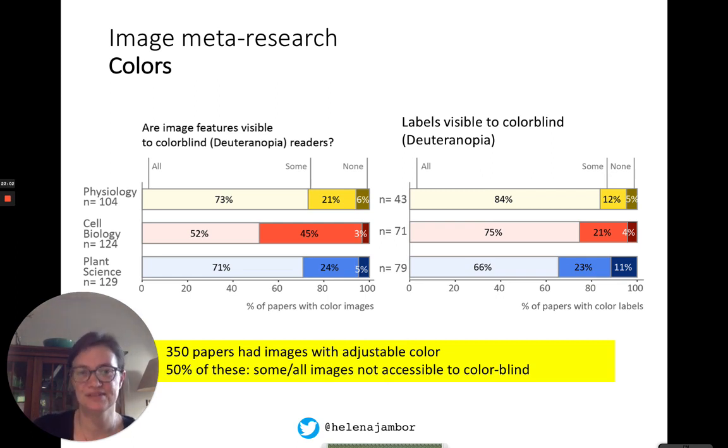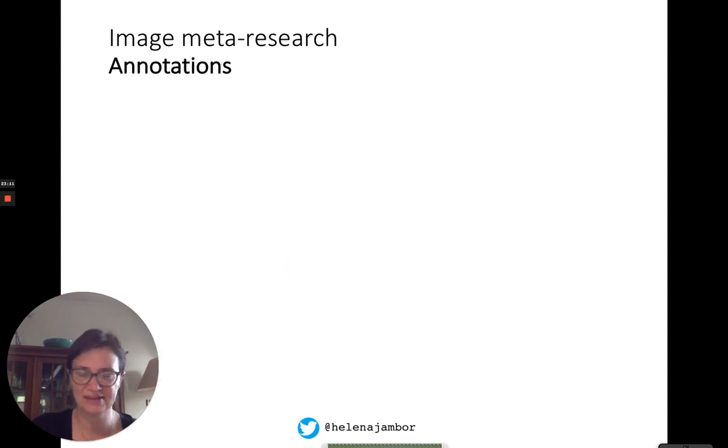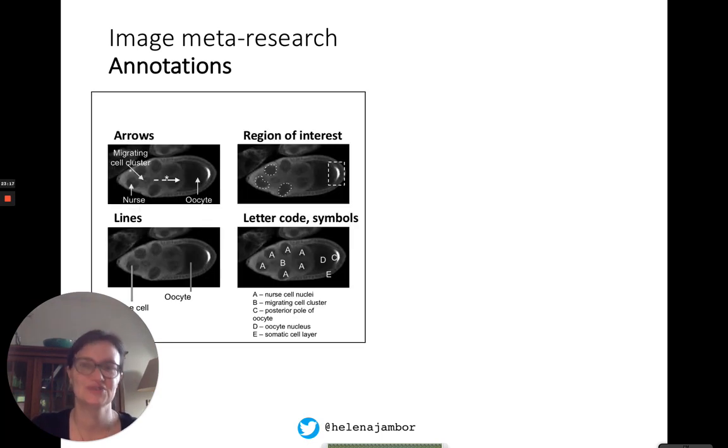The next aspect that we wanted to screen had nothing to do with scale bars or color blindness, but many times images also get annotations and they have to be legible to all audiences. So for example, very often we see arrows, dashed lines, letter codes, or any kind of lines that point to regions of interest.